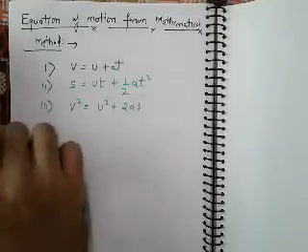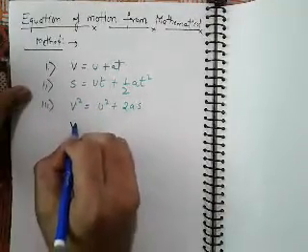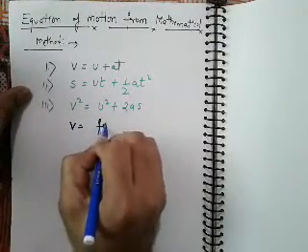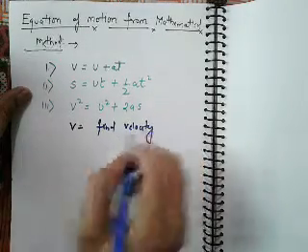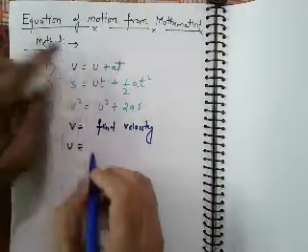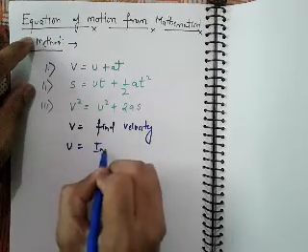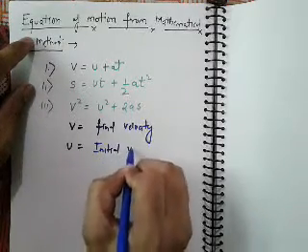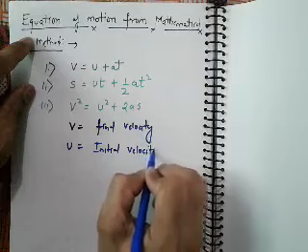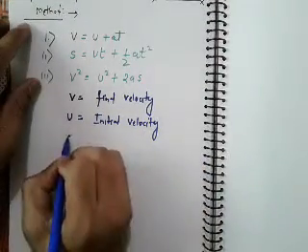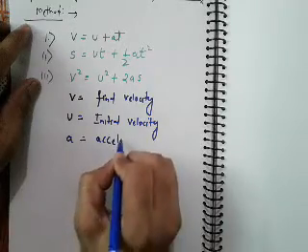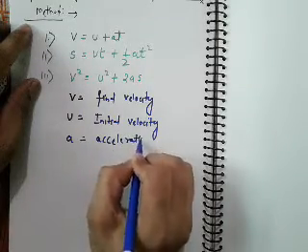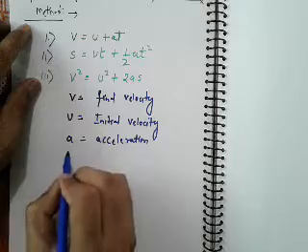Here v stands for the final velocity of the body. U stands for the initial velocity of the body. Small a stands for the acceleration of the body.